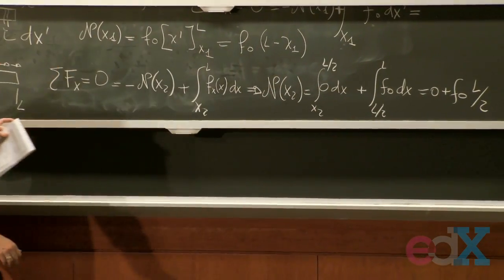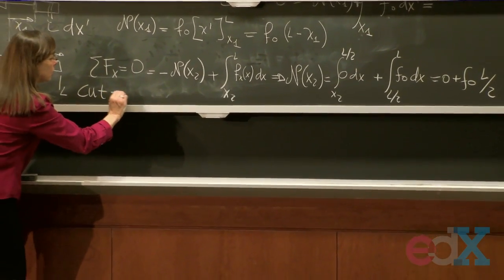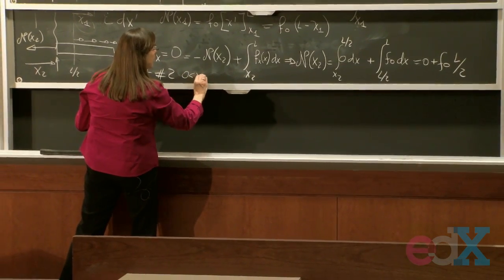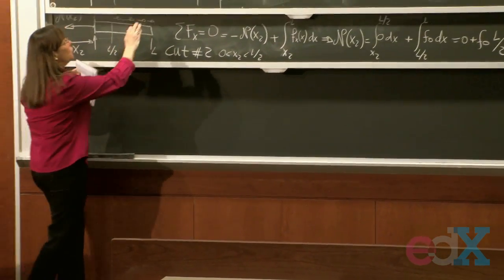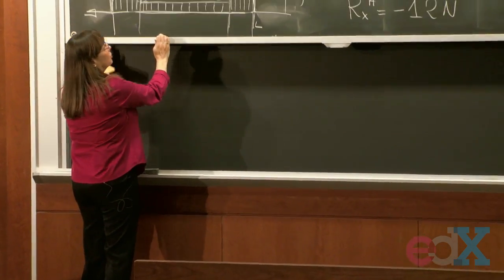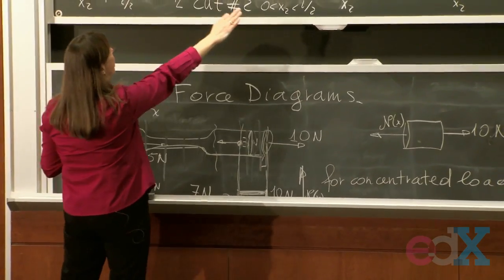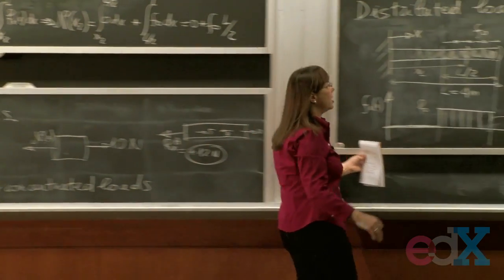OK? So that is the cut number 2. And this is for 0 less than x2 less than L over 2. So how did we figure out our n of x? N of x is going to have 2 parts. So let's summarize over here.